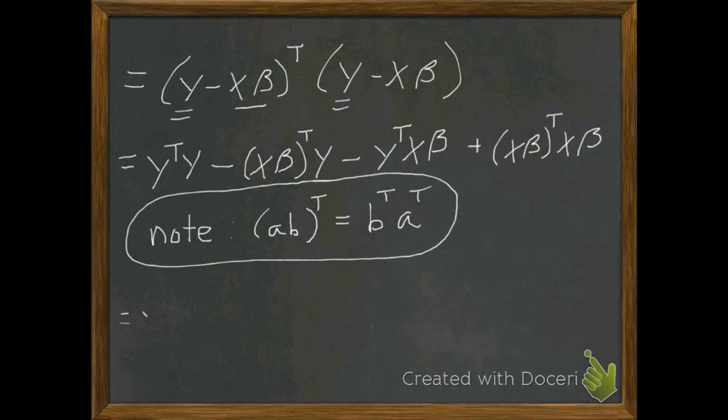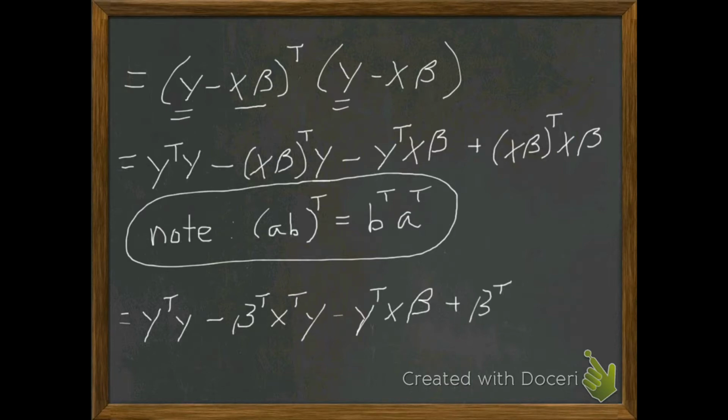So what we're going to end up with here is y transpose y, and this allows us to look at the next term. And same argument here: we're going to get beta transpose X transpose X beta.